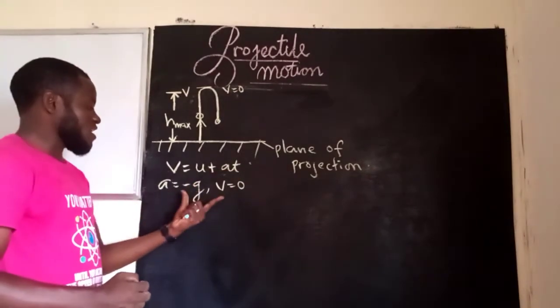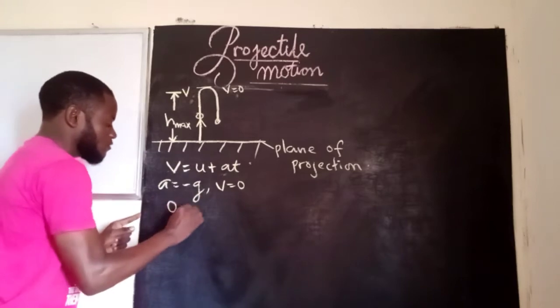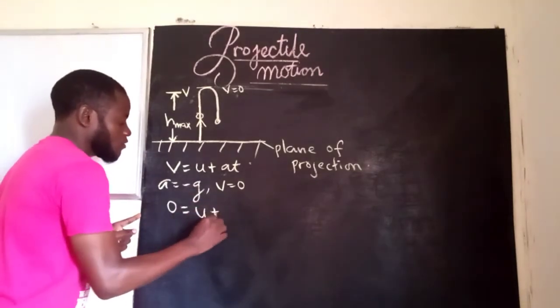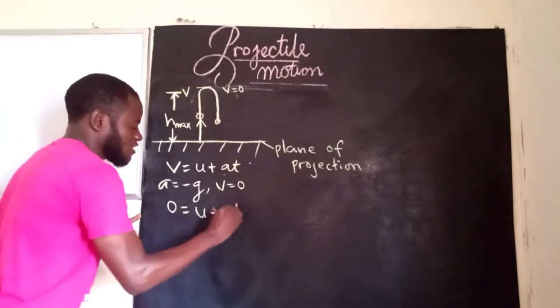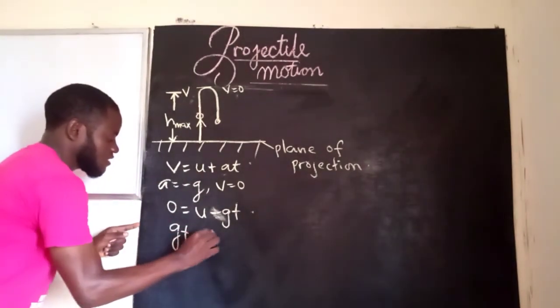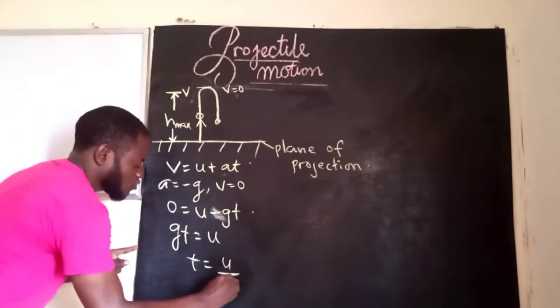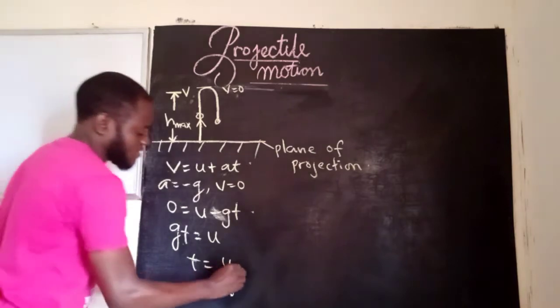So if we input these values into this equation, I'll have 0 equals U plus, this will become negative gt. If I take this to the other side, I have gt equals U. Hence, t is equal to U over g. Let's say this is equation 1.